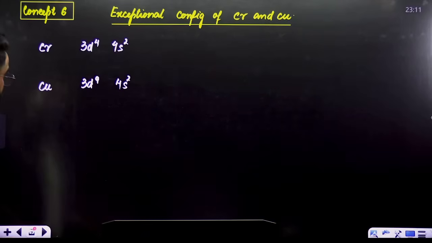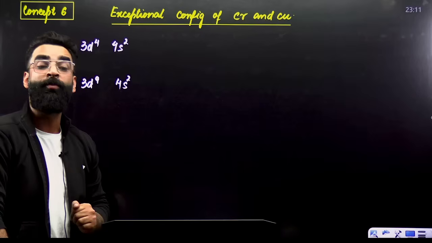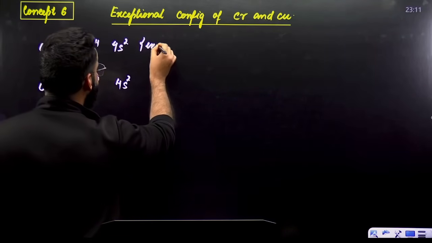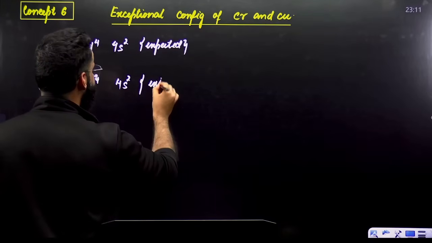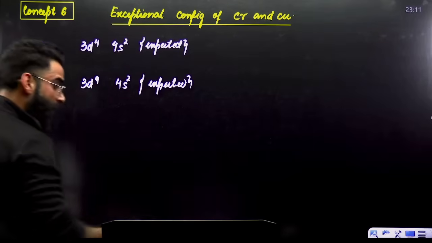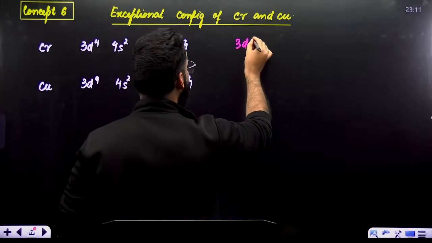Okay. Moving on to the sixth concept. That is exceptional configuration of chromium and copper, right? You know, this is the expected configuration of your chromium, and this is the expected configuration of your copper. Now, what is the actual configuration? Actual configuration of chromium is 3d5 4s1.